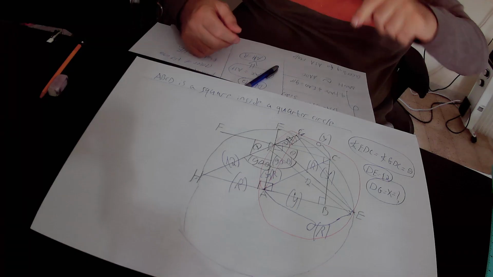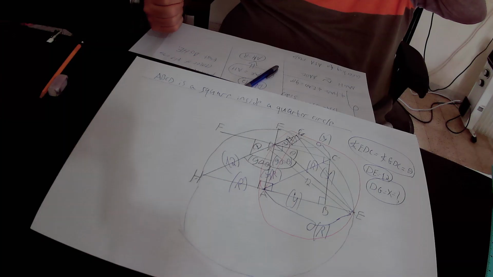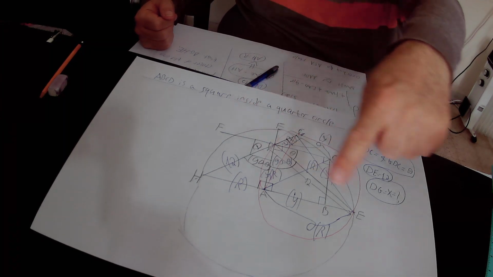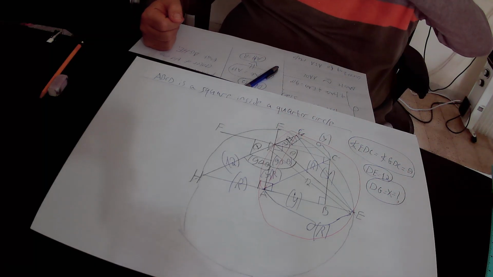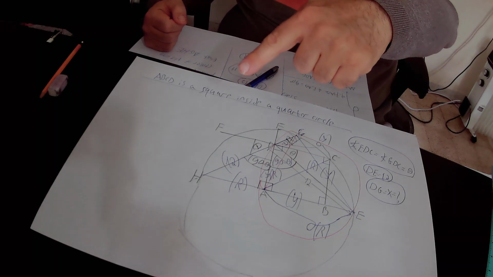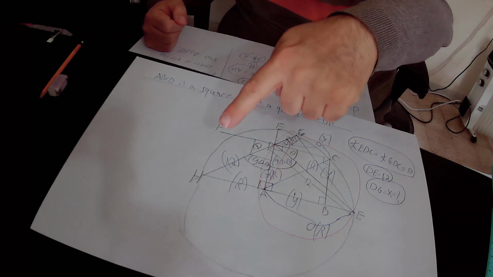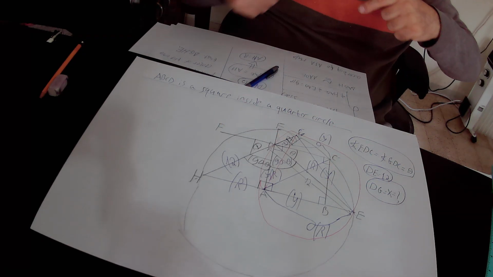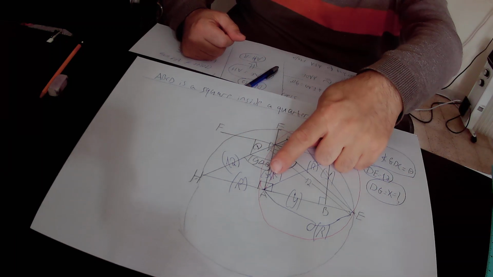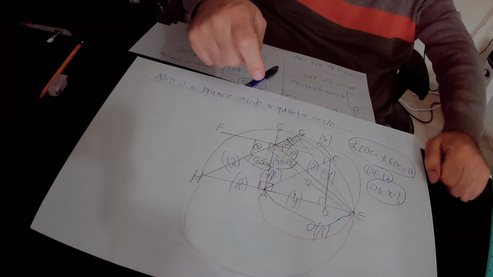Because point A is the circumcenter of triangle HGE, point A is also the center of the circle that circumscribes triangle HGE. We know that the circle that circumscribes triangle HGE must pass through its three vertices, G, H, and E. So we have a circle that must pass through points G, H, and E, and its center is at point A. What is the radius of the circle that circumscribes triangle GHE?